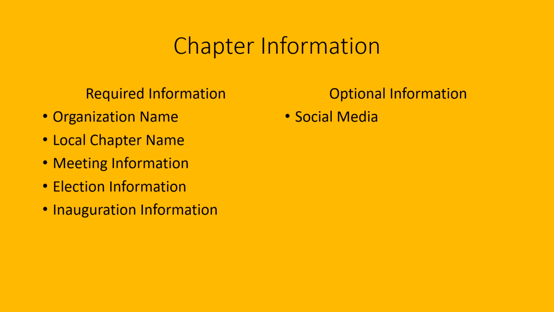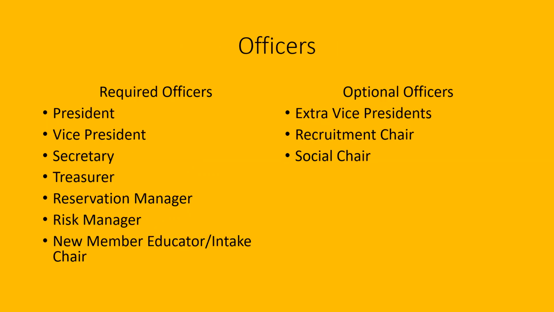We're going to ask about your election information for your officers and when those officers take over, what time of year. There will be a section that you can put in any social media handles that you have. That's optional.